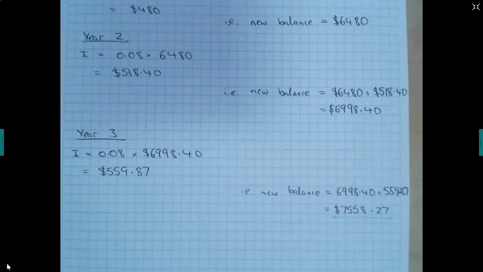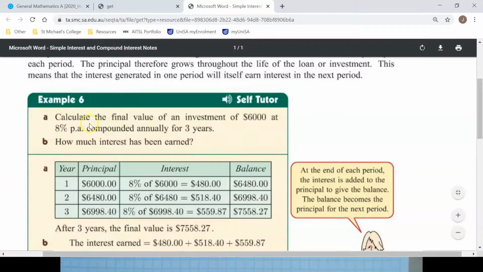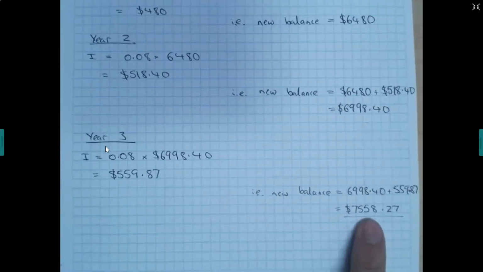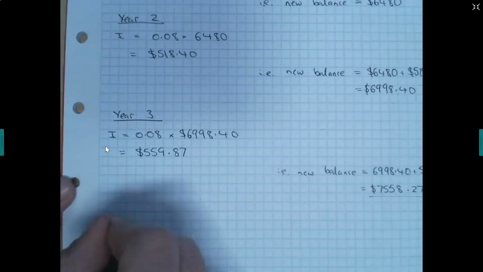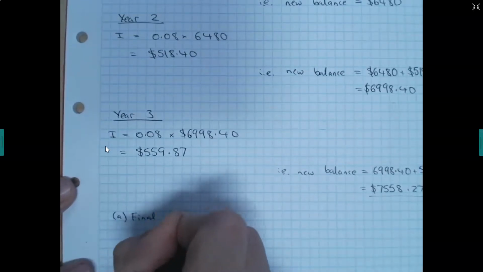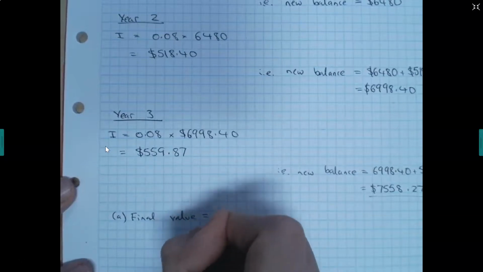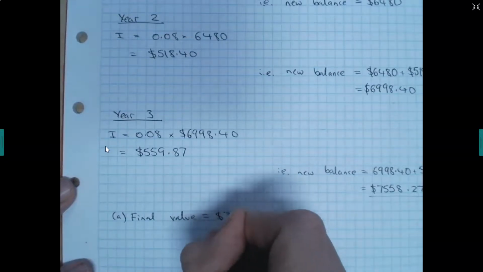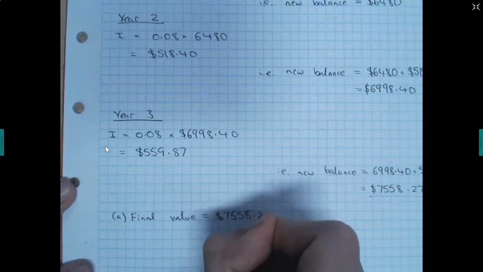So part A asked for the final value, and then part B is how much interest has been accrued. So our final value is this much. So A, final value is equal to 7,558.27.